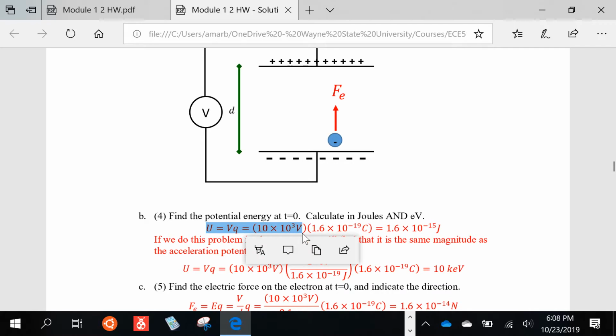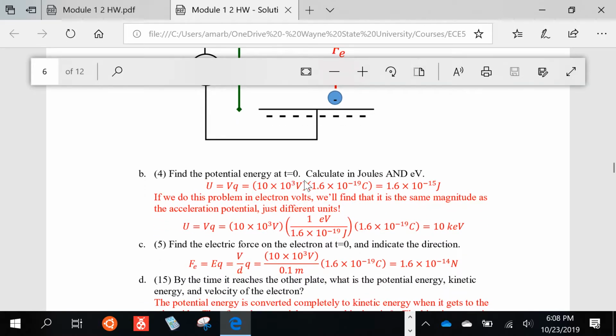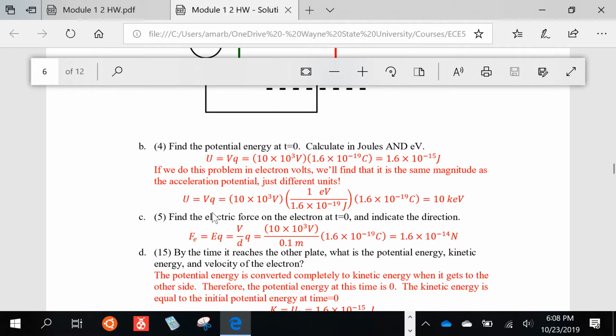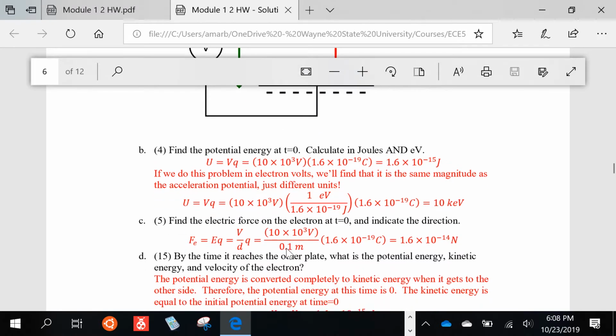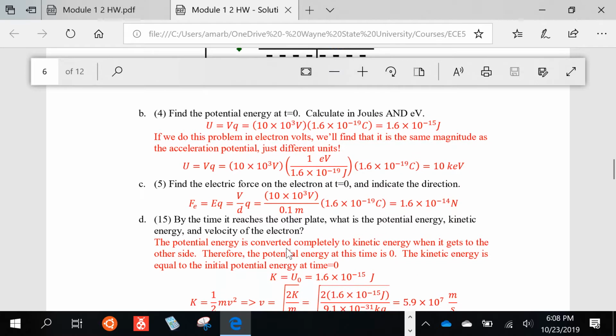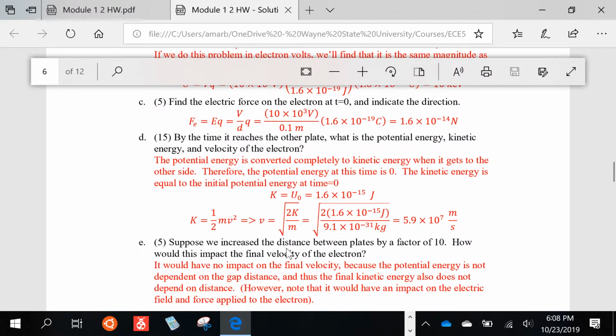This particular question is asking you to calculate the energy in both joules and electron volts, so this part is probably not a problem. This next part is asking you to calculate the force, the potential and kinetic energy.